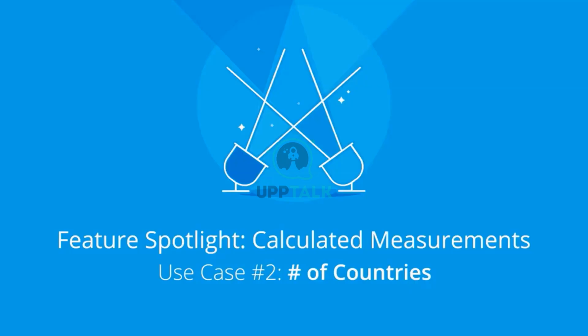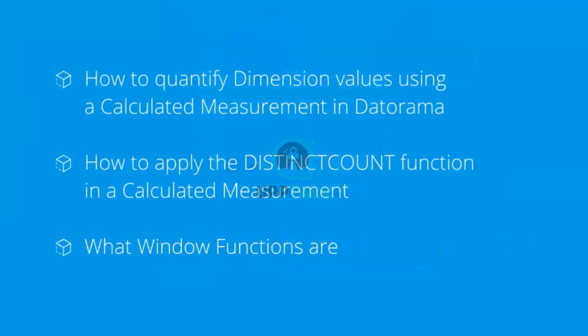The 1,000 campaigns are split across various countries that you are not aware of. In the data set you received, you want to know the unique number of countries for which the data shows up. For that as well, you can use a calculated measurement with the formula of distinct count.